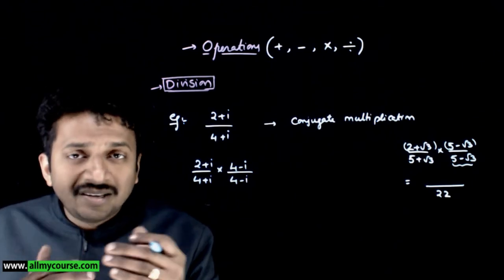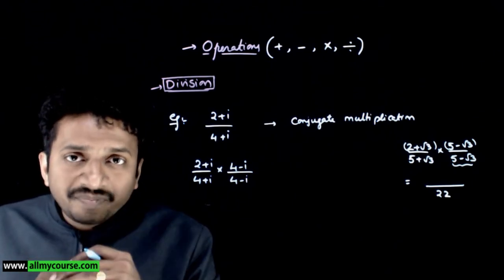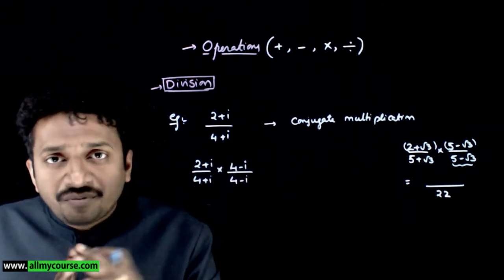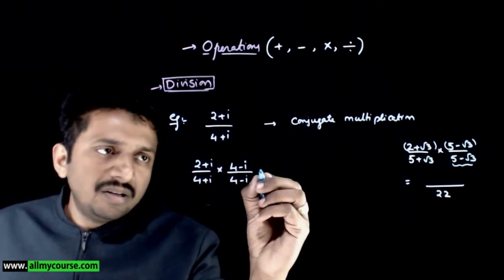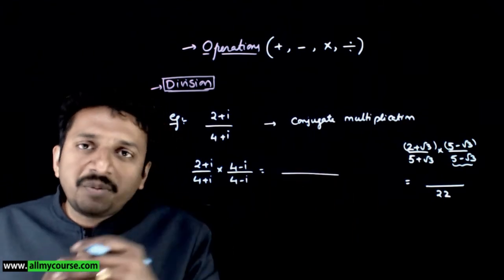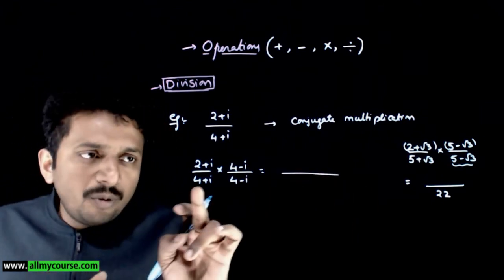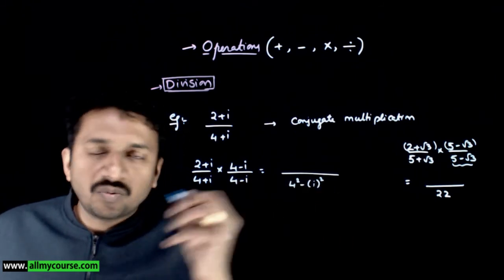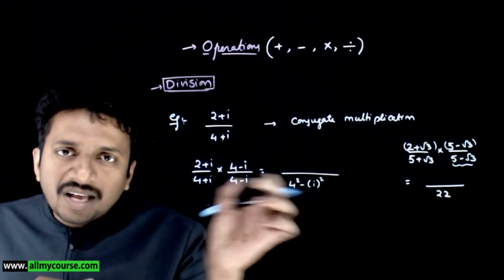Let us look deeply into conjugates later. For now, we just need to multiply 4 plus i with 4 minus i in the numerator and denominator. So the denominator becomes real: (4 plus i) into (4 minus i) is 4 square minus i square. So the denominator has become real.